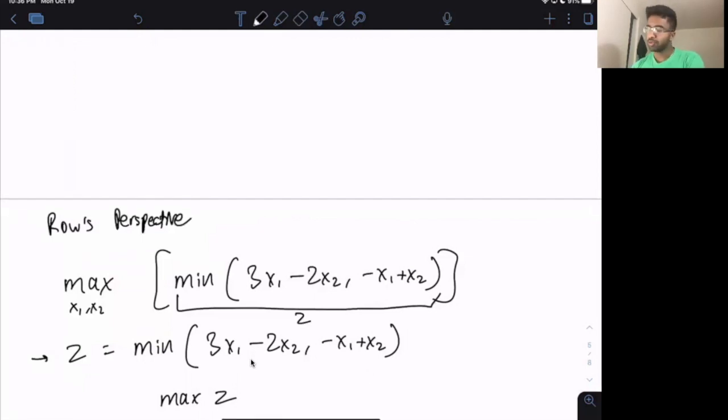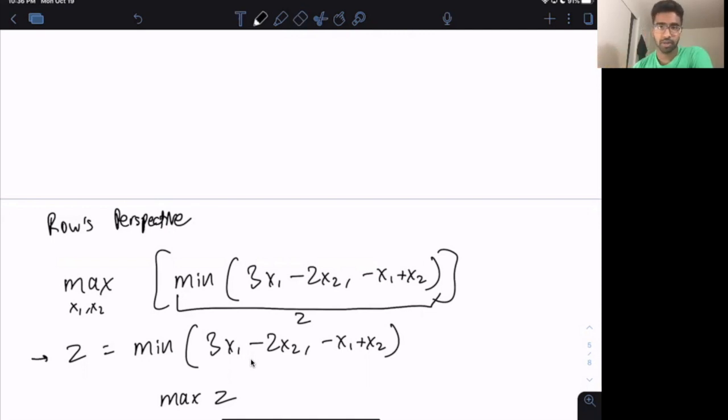The next thing is that since z is the minimum of these two, z is less than or equal to 3x1 minus 2x2, and z is also less than or equal to negative x1 plus x2, right? It's literally just because we defined z to be the minimum of those two. There are two remaining factors for the linear programming representation.